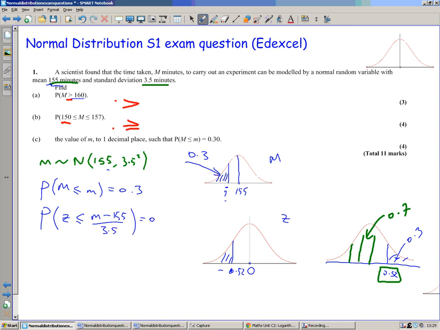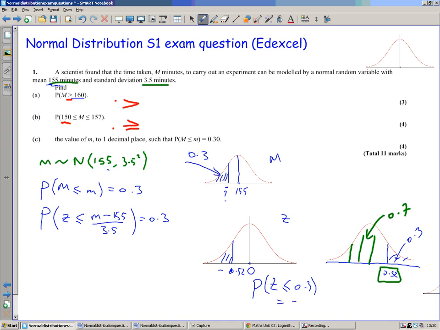That's equal to 0.3. But we've already read this value.